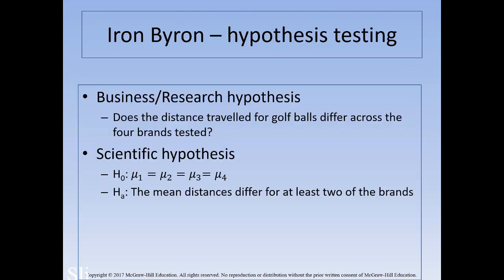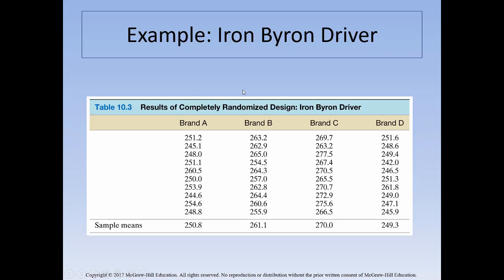So here's my example. We have 4 different brands of golf ball. So my independent variable is the brand of golf ball. And what we want to know is, does one golf ball brand go further than the others? Which brand goes the furthest? To do this, we use an ANOVA.